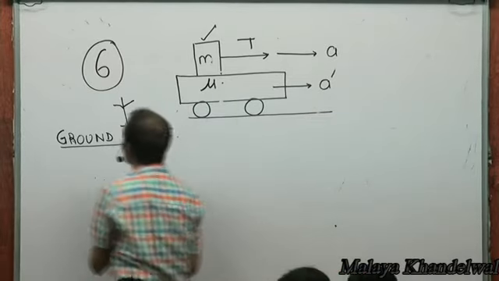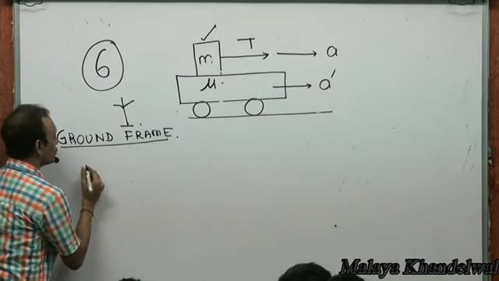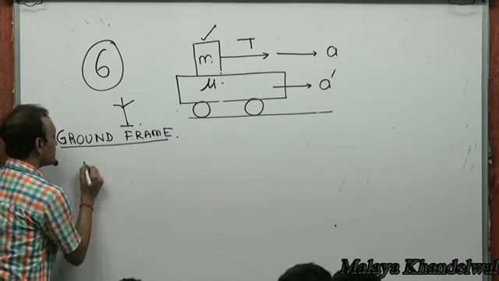Yes or no? So now in the ground frame, do you realize that this particle m has an acceleration a plus a prime? Do you realize this? Acceleration with respect to the trolley is a, acceleration of the trolley is a prime. So the acceleration of small m as seen by a ground observer would be a plus a prime.